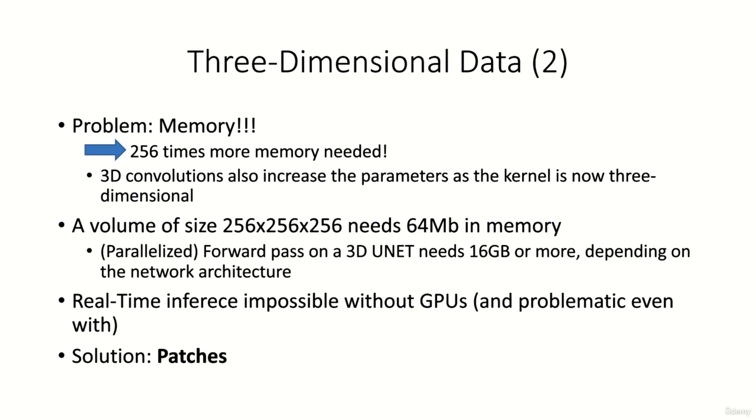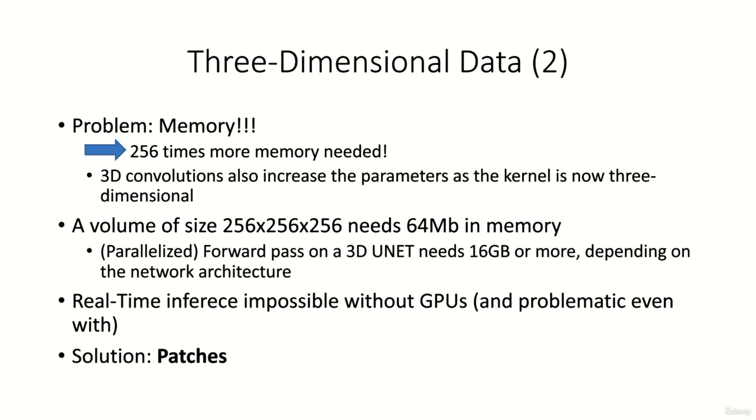As an example, in a two-dimensional convolution, a 3x3 kernel has 9 parameters. In a three-dimensional convolution, the 3x3x3 kernel has 27 parameters. The parameters are growing exponentially.